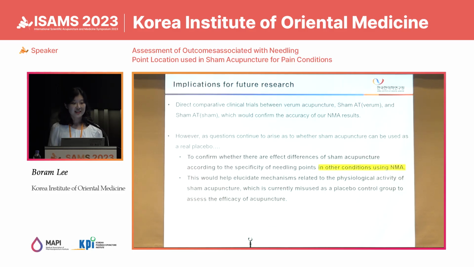However, as you know, questions arise as to whether sham acupuncture can be used as a real placebo, so it might be more helpful to confirm whether there are effect differences of sham acupuncture according to the specificity of needling point in other conditions using network meta-analysis. And this would help elucidate mechanisms related to the physiological activity of sham acupuncture, which is currently misused as a placebo control group to assess the efficacy of acupuncture.